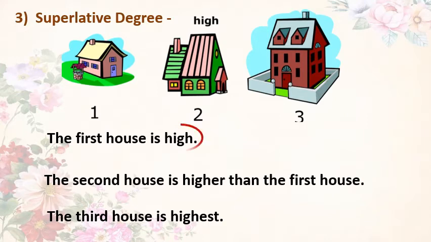Okay, here see here, high is a positive degree, higher we added ER and we compared to the other house, so it is comparative degree. And see highest is the superlative degree. Remember dear students, mostly we add EST while making it superlative.